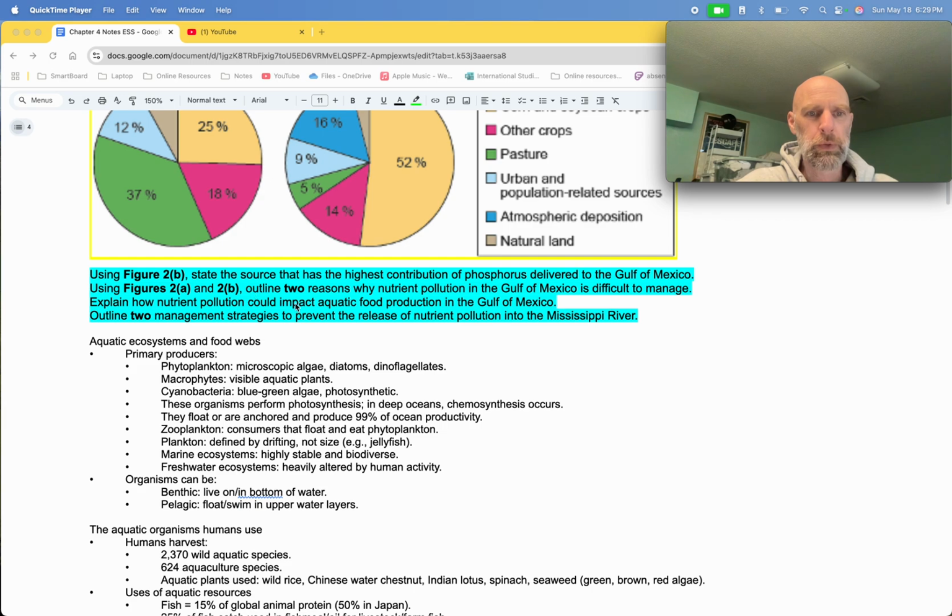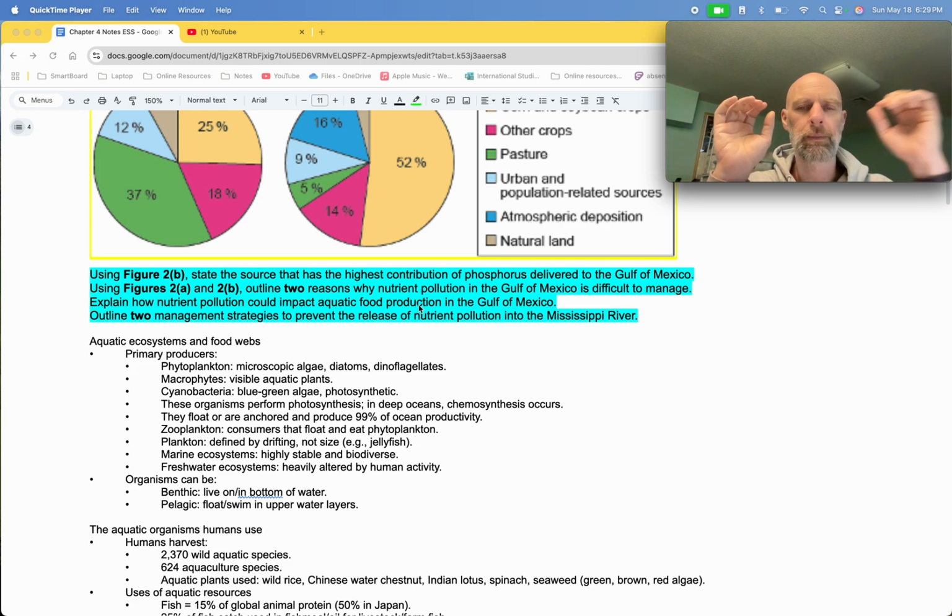Explain how nutrient pollution could impact aquatic food production in the Gulf of Mexico. This all goes to eutrophication and how it kills the food cycle for us. So you're a corn farmer, or soybean farmer, in Iowa. You plant down fertilizer. Now a lot of that washes off into the Mississippi River, runs off to the Gulf of Mexico.